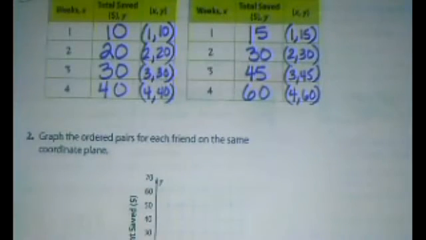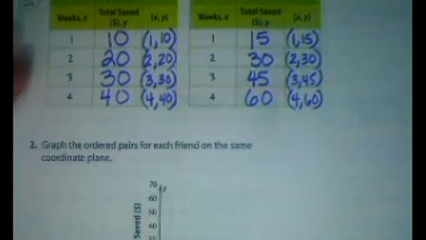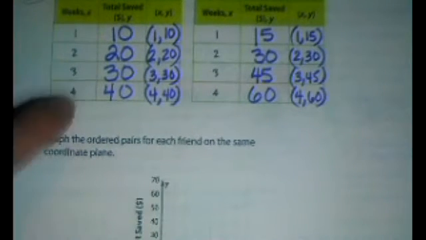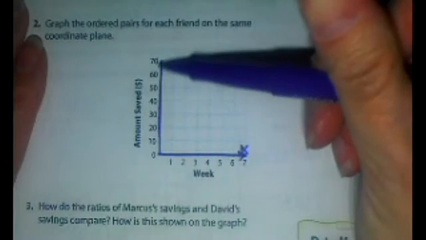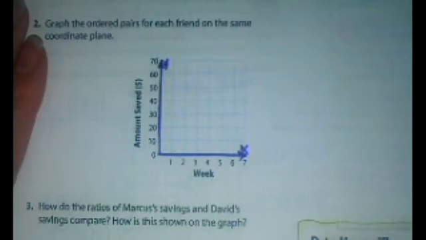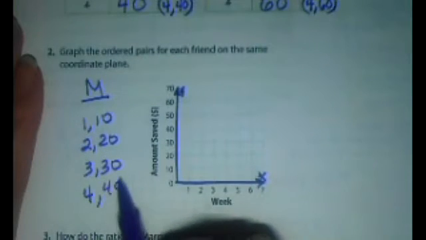Now it says graph the ordered pairs for each friend on the same coordinate plane. So let's look at Marcus first. So we're going to graph these. Remember, our x-axis is the horizontal, our y-axis is vertical, okay? So remember that Marcus was 1, 10, 2, 20, 3, 30, and 4, 40.